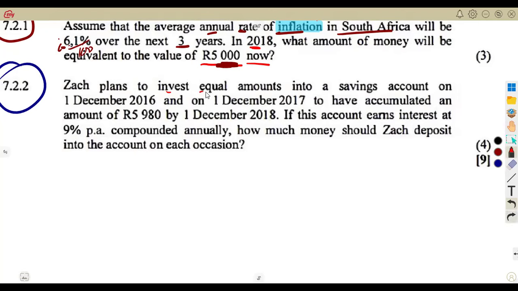There is equal there, amounts, meaning to say he's not going to invest once. He's going to deposit and make another deposit.